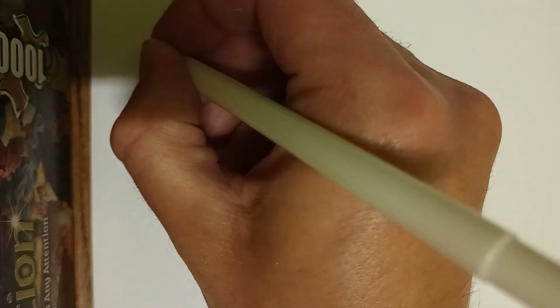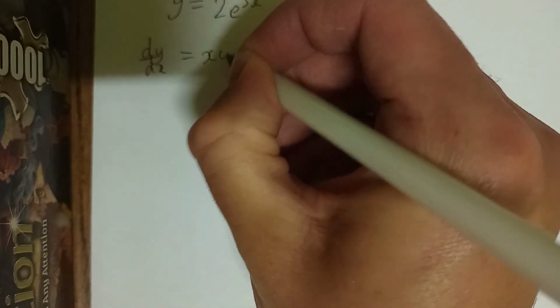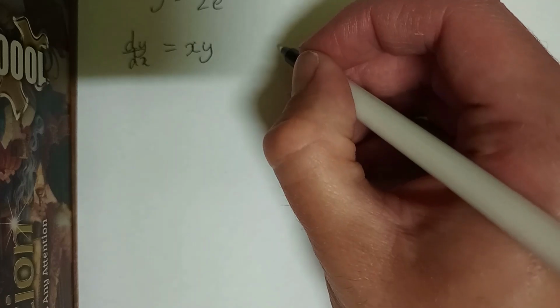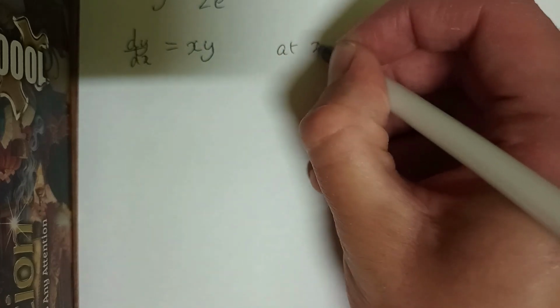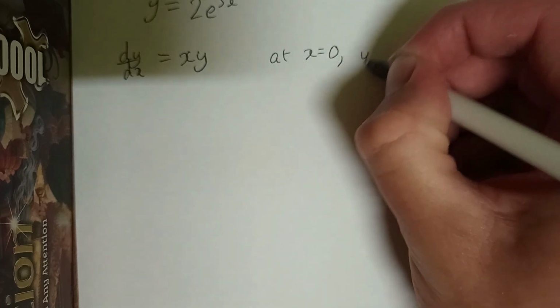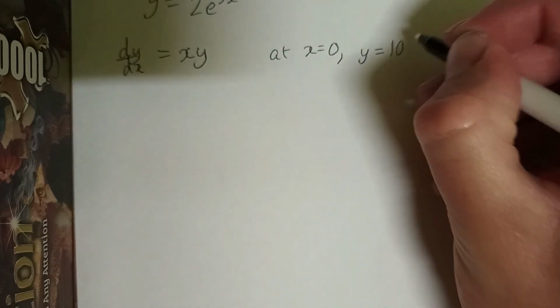Moving on now, if we're given an initial value problem involving both a differential equation, say dy/dx equals x times y, and an initial condition at x equals 0, y equals, say, 10.